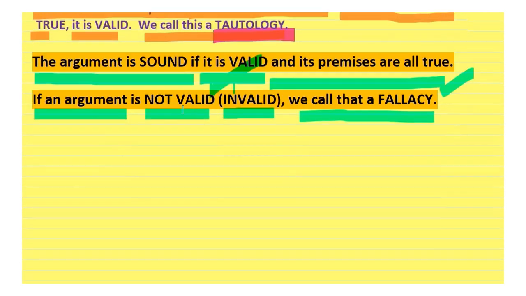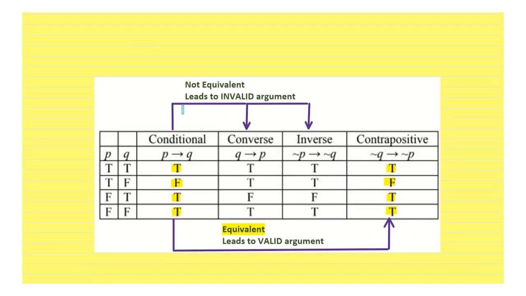Okay. Now we need to look at this chart of conditional statements. It's a truth value chart because we want to be able to recognize a couple of patterns that emerge with the relationships between the statements.